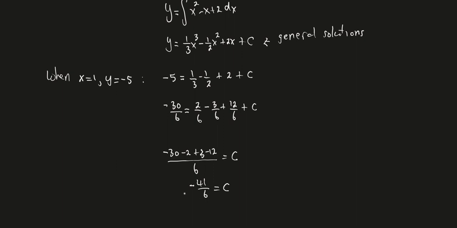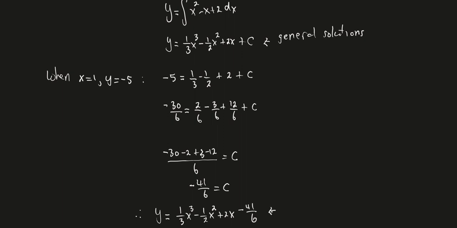This is the constant that will guarantee it. So therefore, here's the equation of our curve. y is equal to 1/3 x cubed minus 1/2 x squared plus 2x, but now I know it's not just any old constant, I know the specific constant, -41 over 6.